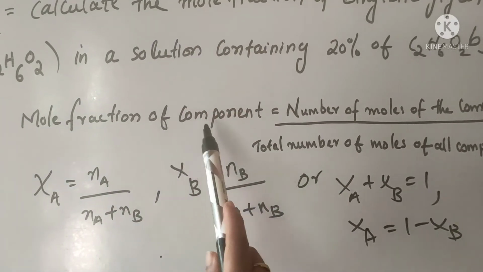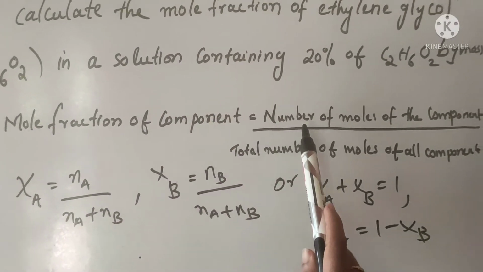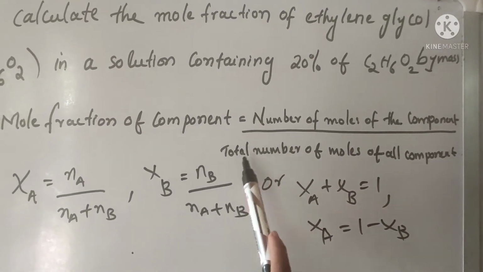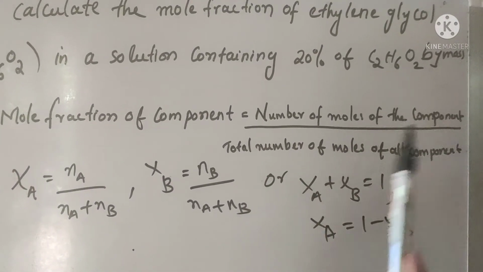Mole fraction of a component equals the number of moles of the component divided by the total number of moles of all components.